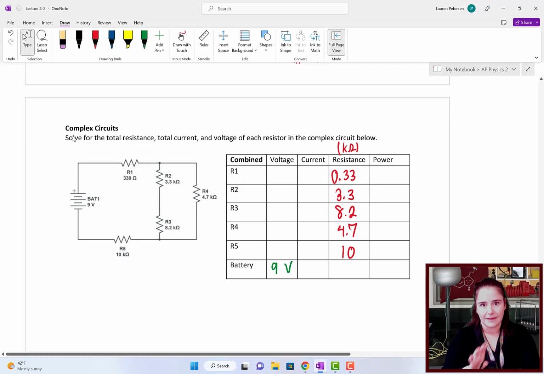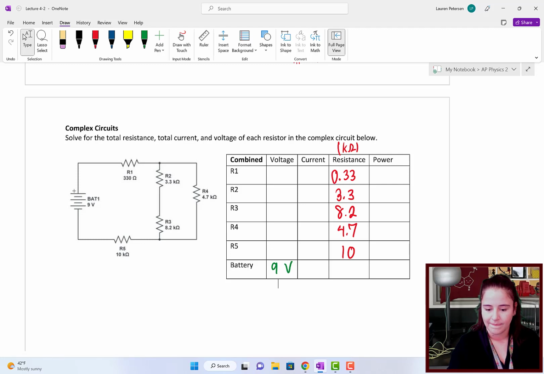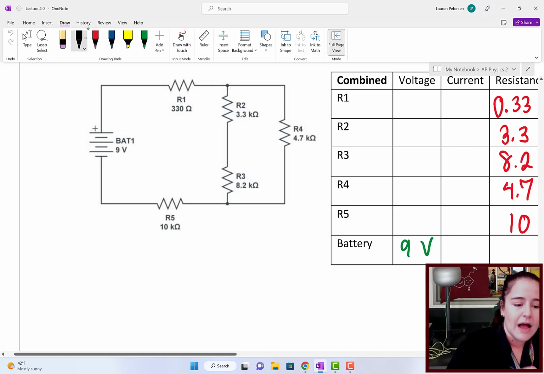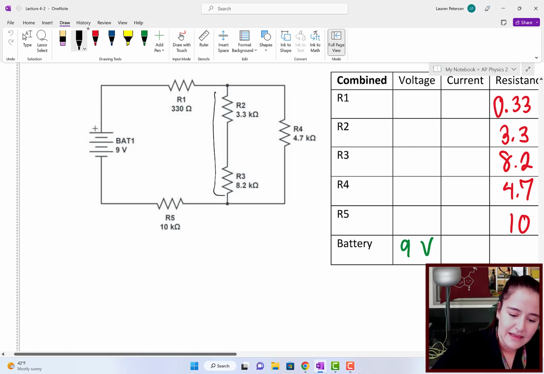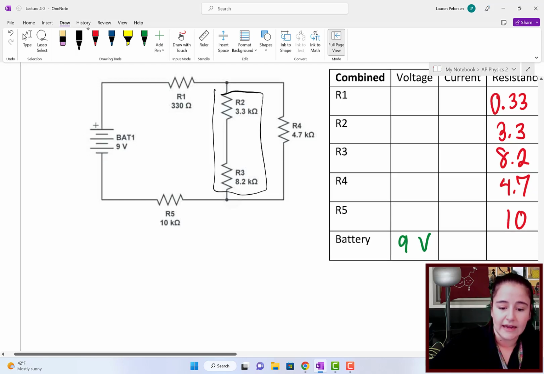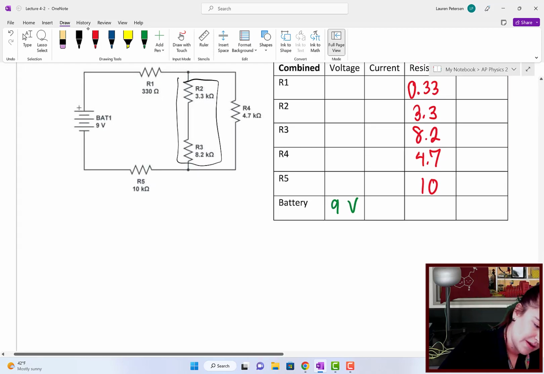So our first step is going to be to simplify the circuit and combine what we can combine. When we're combining them, we're going to start from the outside in. So I'm going to start by combining these two resistors that are in series with each other. And I'm going to redraw the circuit so that it makes more sense to us. We still got that 9-volt battery.